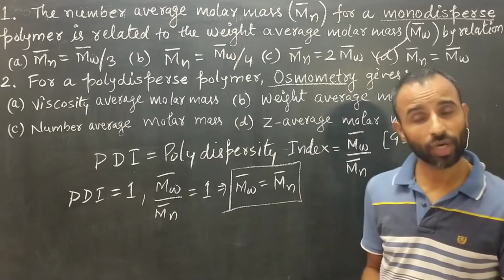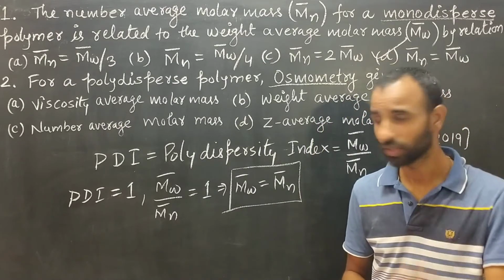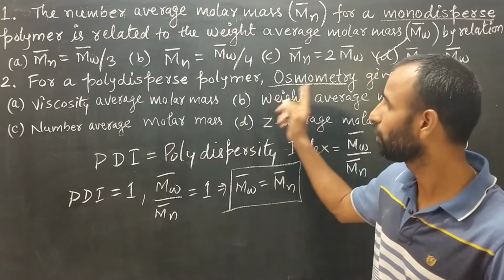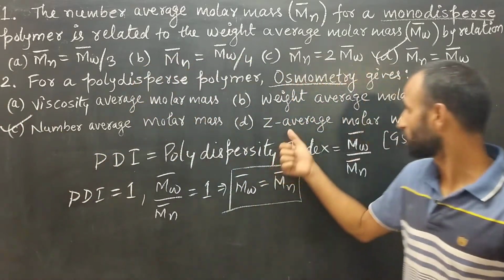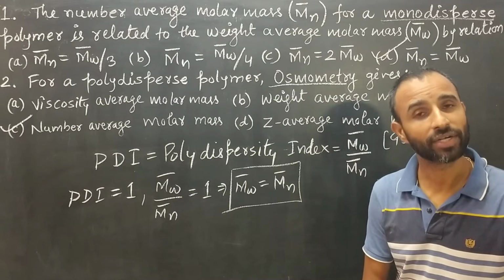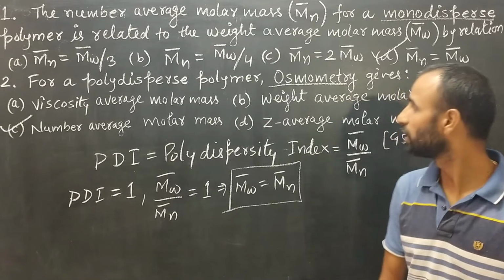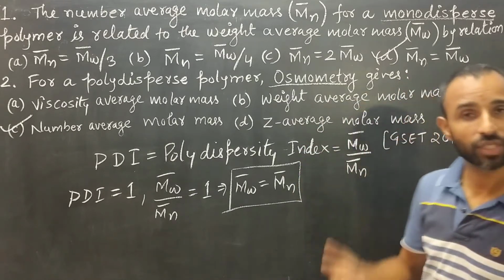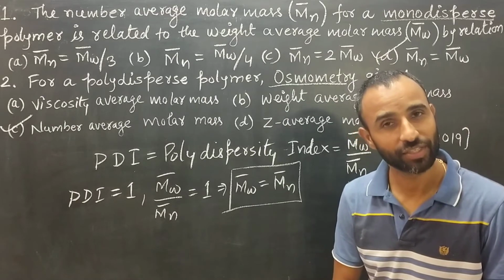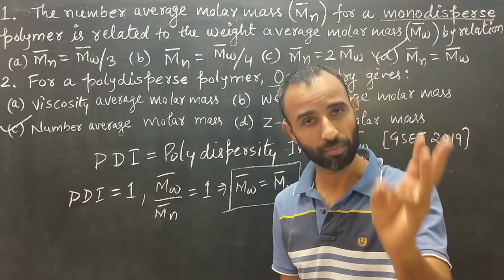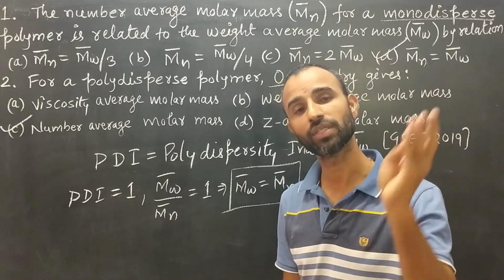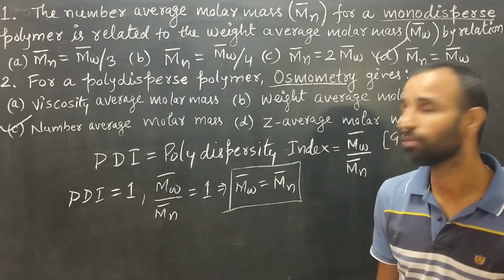So they all depend on number, so it will give the number average molar mass. Keep in mind, for Z average molar mass, the ultracentrifugation technique is used. For weight average molar mass, we use the light scattering method, and for X-ray scattering we get number average, weight average as well as Z average molar mass.